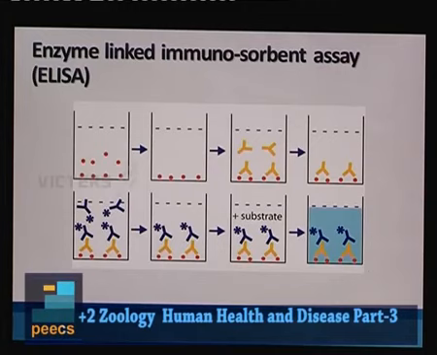DAC ELISA involves direct antigen coating, and in the case of DAS ELISA, DAS stands for double antibody sandwich. That is another method of detection of HIV infection.